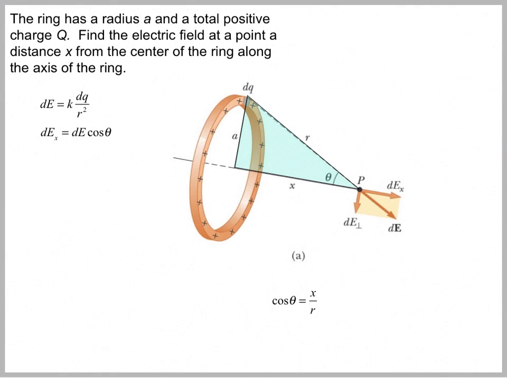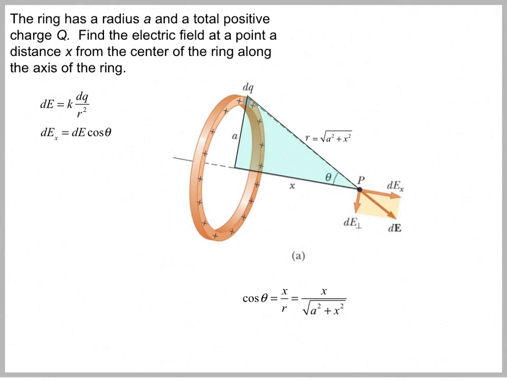And if we look at this triangle here, cosine of theta is this distance x divided by r, where r is the distance between the charge and the point of interest. It's the same r that we have up here. r is the square root of a squared plus x squared from the Pythagorean theorem.